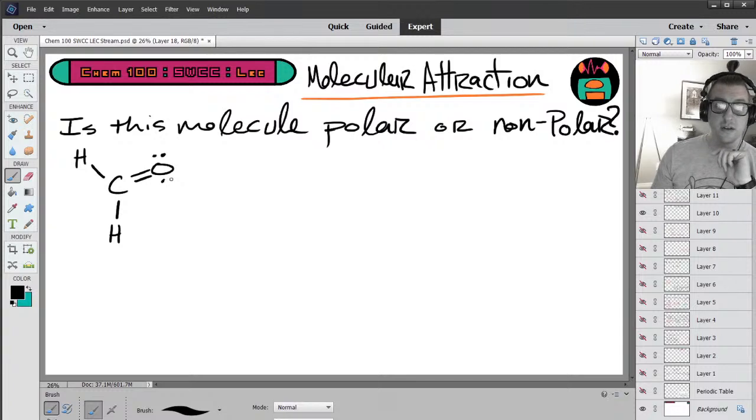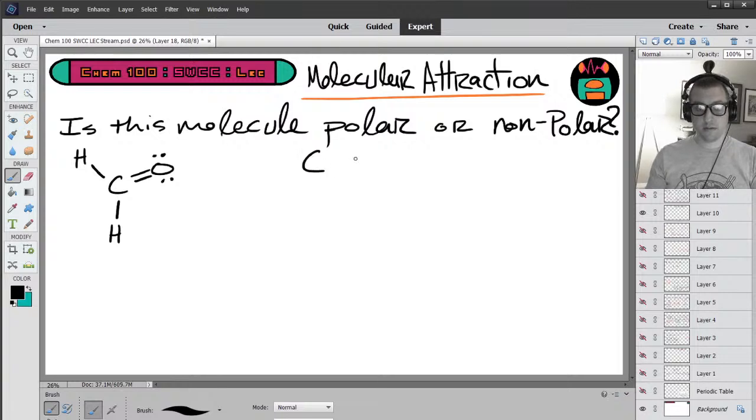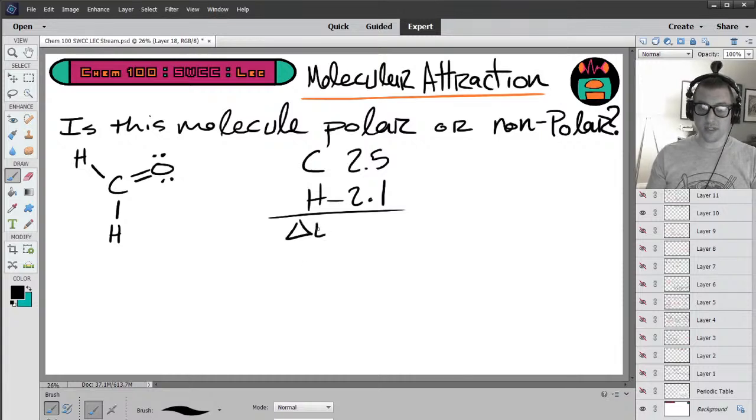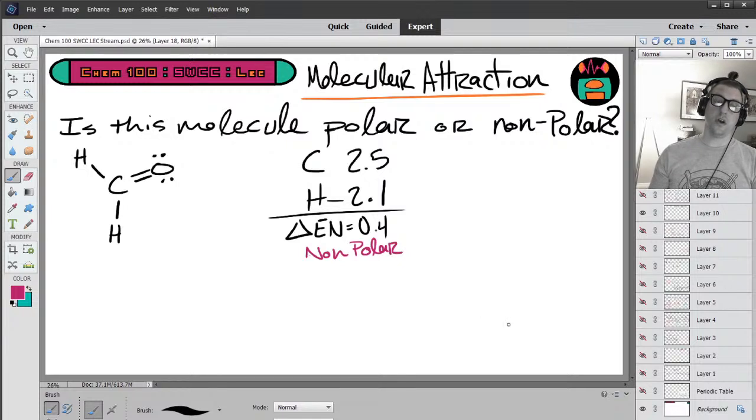All right, here we have a few electronegativities to look at. Carbon has an electronegativity of 2.5. Hydrogen has an electronegativity of 2.1. So when you take their electronegativity difference, it's 0.4. This is nonpolar. So the carbon-hydrogen bonds are nonpolar.